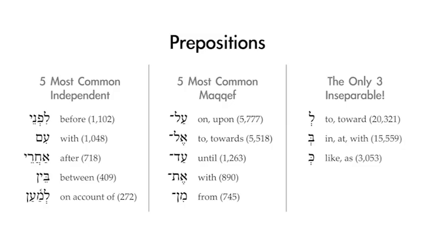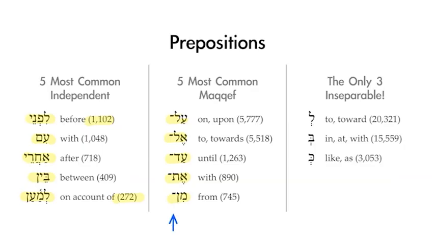So the five most common independent prepositions in Hebrew are lifnei, im, acharei, bain, and lama'an. You can see with these five most common independent prepositions, they occur anywhere from over 1,000 to just under 300 times, and the distribution is going to become relevant in a minute. The five most common makef prepositions are al, el, av, eth, and min.